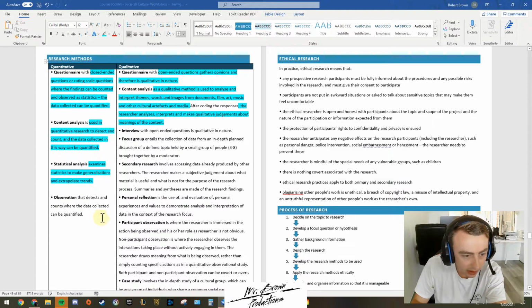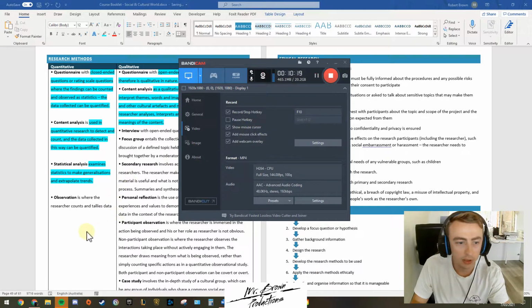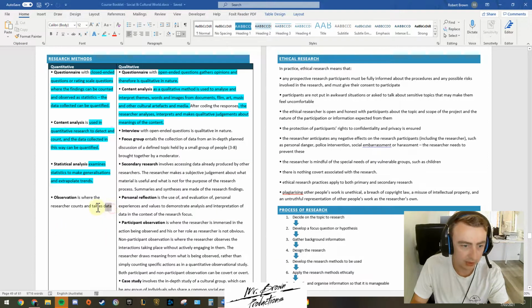Observation detects and counts data. Sorry, I'll pause it and fix this. Right, so I've kind of reworded it a little bit here.